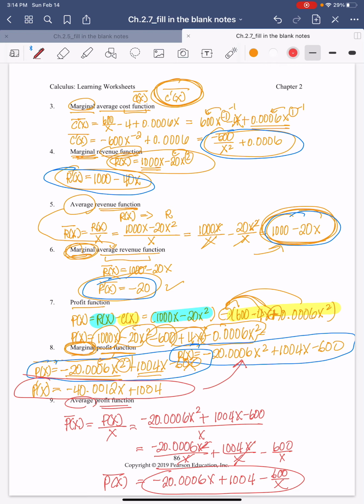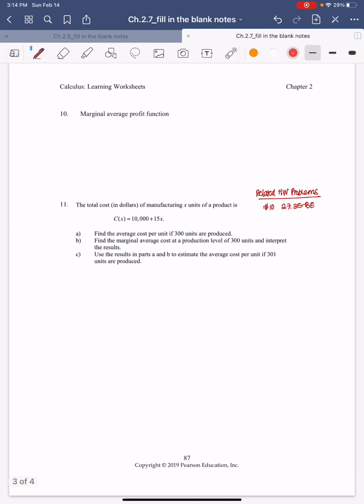All right, one more term. I bet it's going to be the marginal average profit function. Yes. So we got all the way up to this. That was P bar of x. Marginal means take the derivative, so we need to find the derivative of P bar.